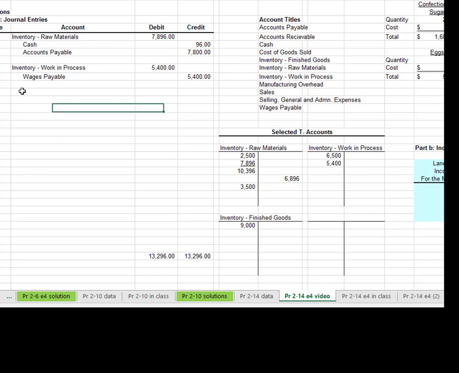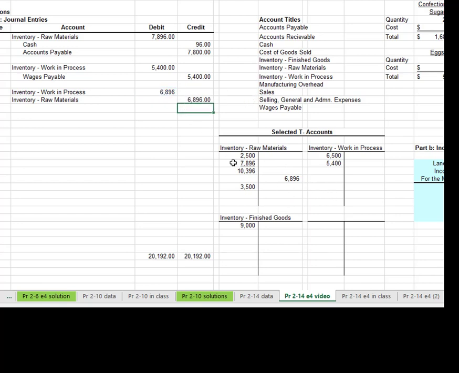It's going from raw materials to work in process. So the journal entry would be a debit to work in process and a credit to the raw materials inventory. And I'm going to pull this from right here, 6,896.